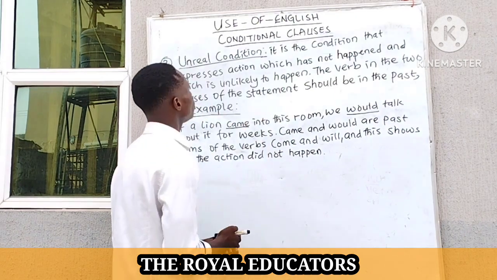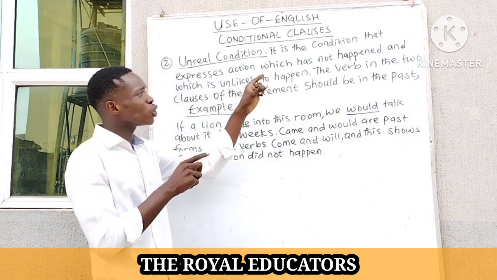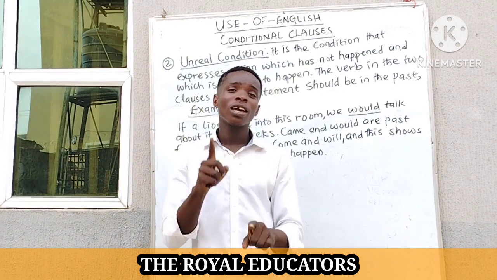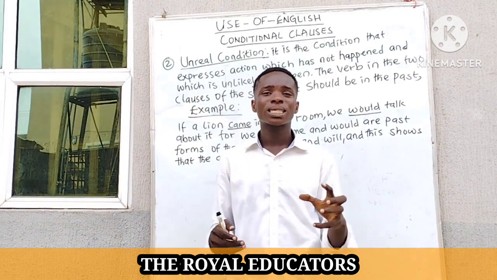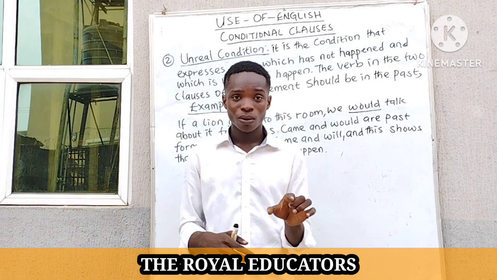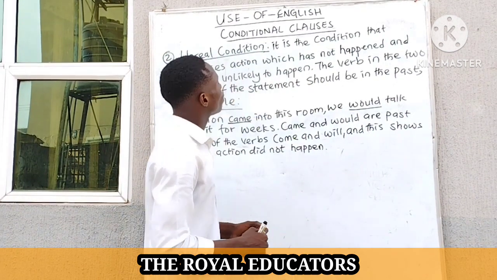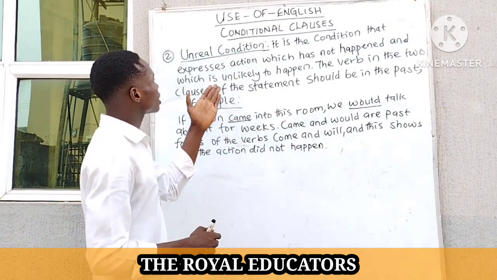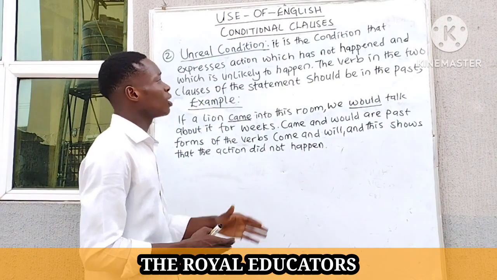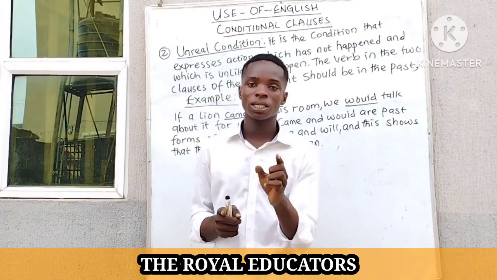The unreal condition expresses action which has not happened and which is unlikely to happen. Remember, in the real condition, it expresses action that is likely to happen or has happened. The verb in the two clauses of the statement should be in the past tense, like I instructed earlier.